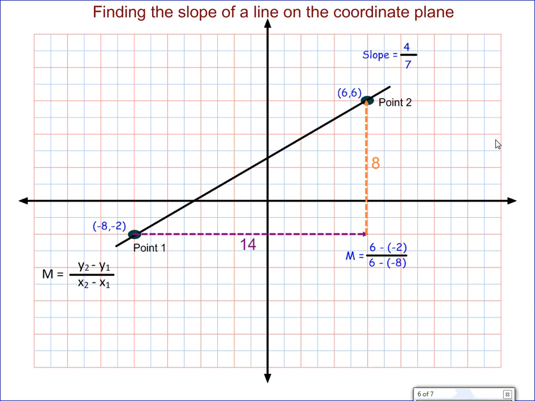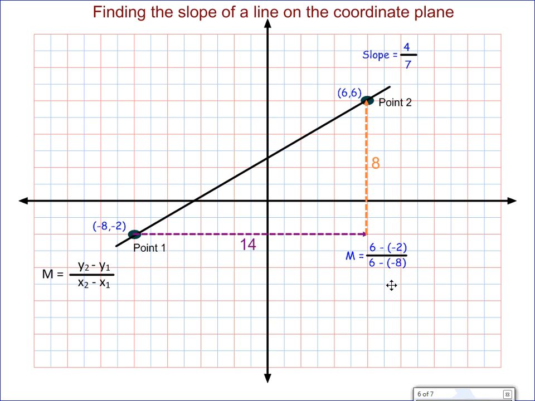x2's value is 6 again, and x1's value is negative 8. So it would be 6 minus negative 8. I want you to recognize that the negative sign in the formula is not representative of the negative sign of the value. So we end up with negative, negative. And let's do some 5th grade math here. What is a negative times a negative? It will be a positive.